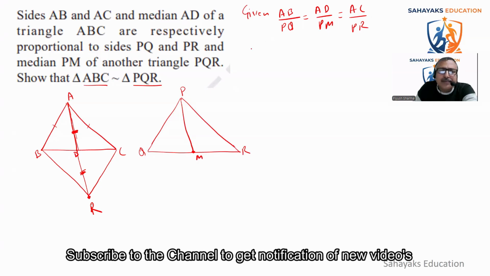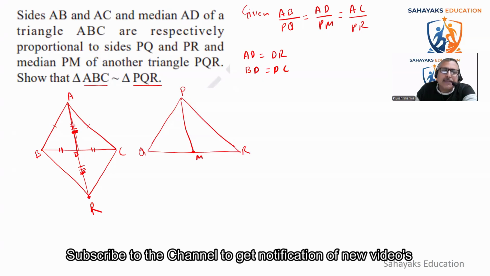So we have the construction AD is equal to DR, and then we joined both the points. And we already know that BD is equal to DC. Why? Because it's a median. So this side is equal to this side, and this complete side is equal to this complete side.